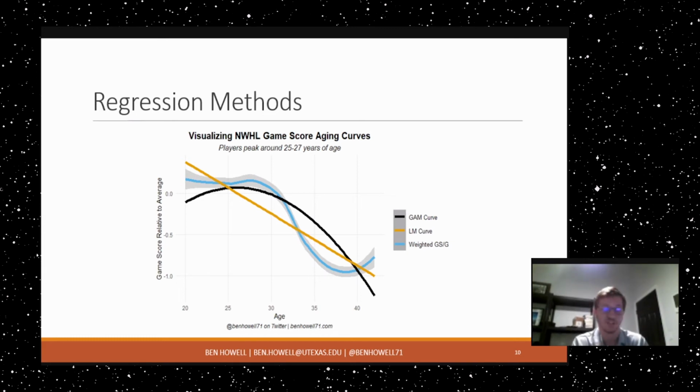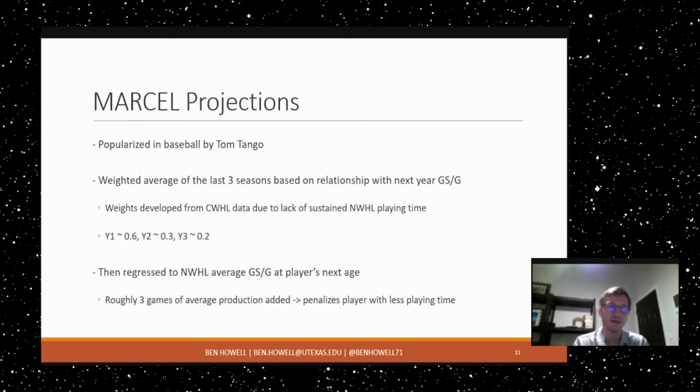So once I had this aging curve and had looked at the relationship between how game score changes relative to age, I thought it would be fun to try and develop a projection for next year, just to see what came up.